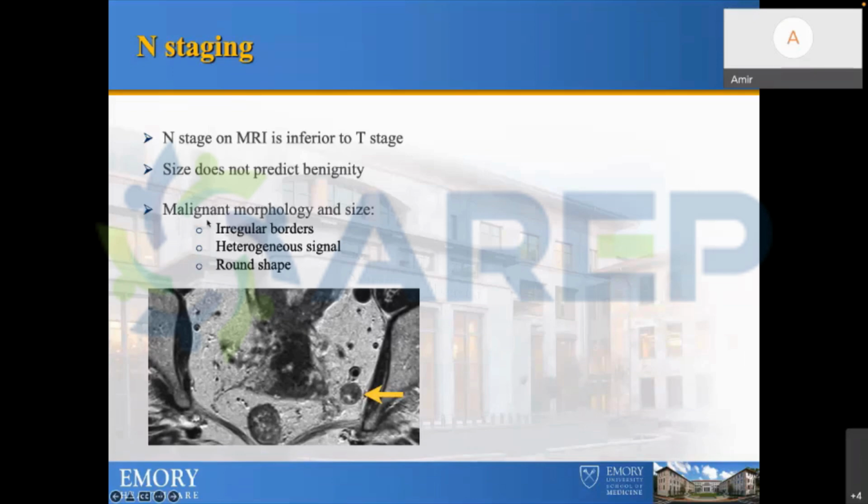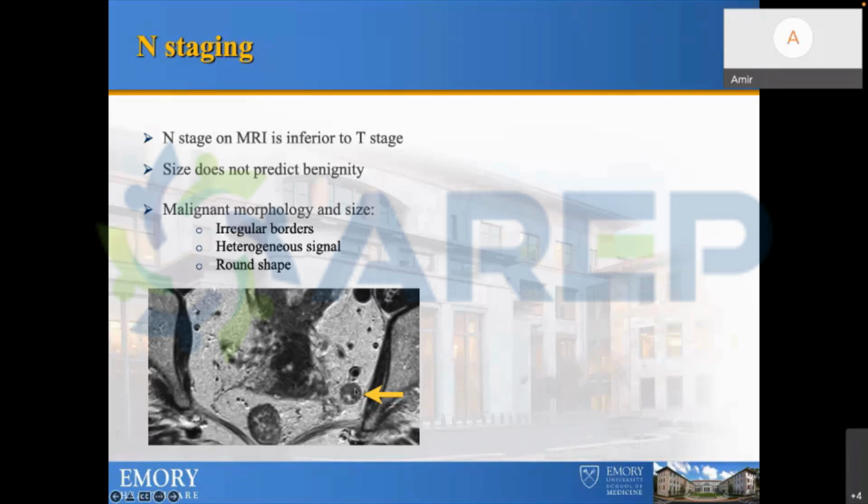So we are going to look at the size of a lymph node. If the lymph node is more than 9 millimeters in short axis, we're going to call it abnormal. If it's between 5 to 9 millimeters, you need to have two of these features to call it abnormal: either irregular or spiculated borders, or internal heterogeneous signal, which you actually see here.